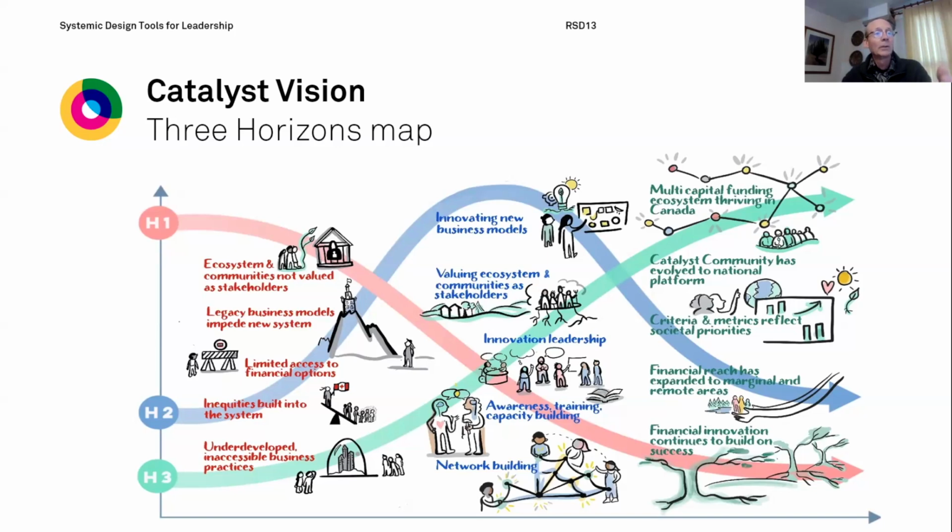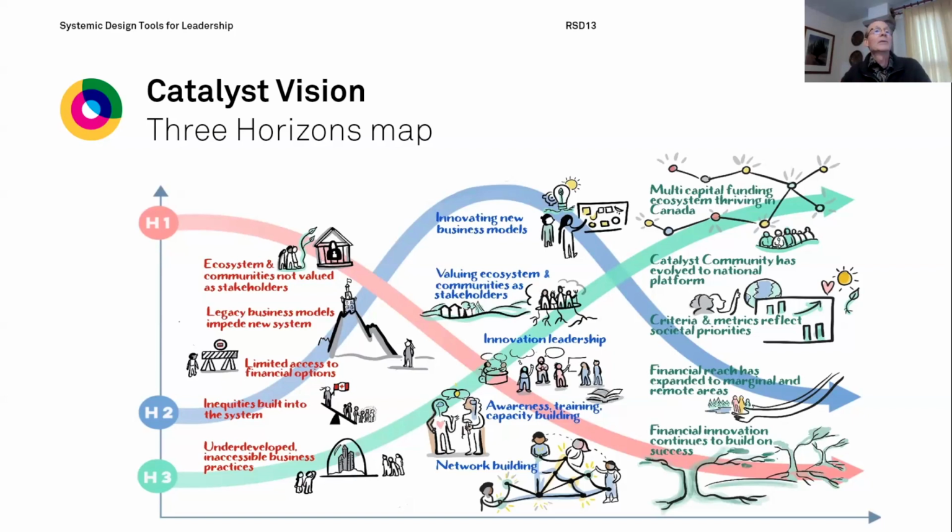So as you follow the blue text, I said these are summary statements that actually summarize from a dozen to maybe 20 different statements each. Innovating new business models is important.